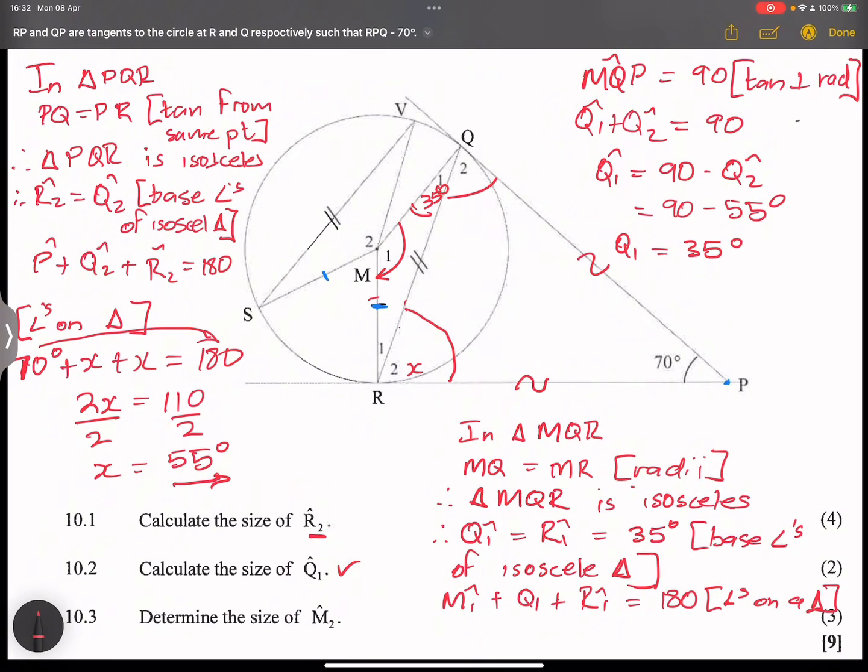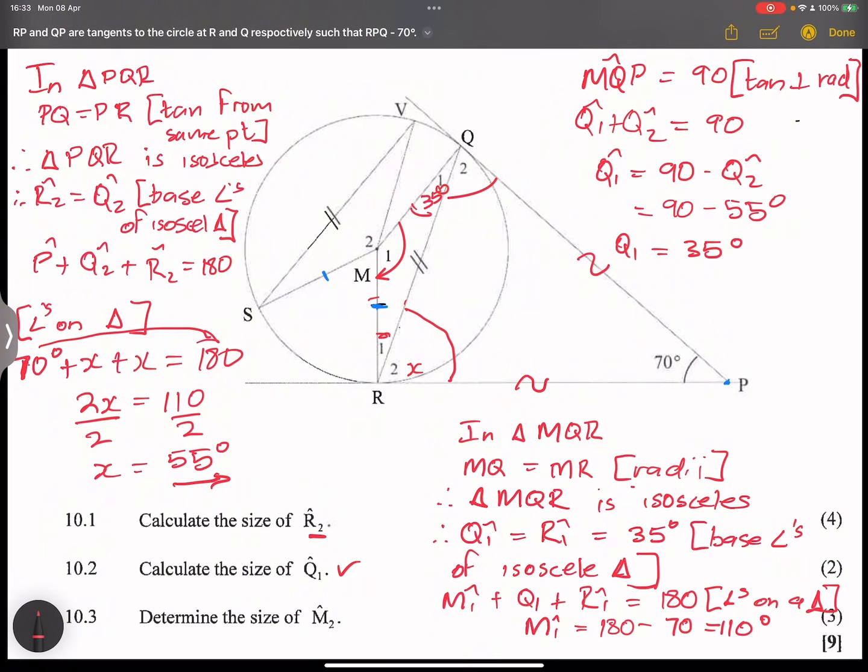So for M1, you are just going to use your algebra there. M1 will be equal to 180 minus 35 times 2, it's R1 and Q1. So this is going to be 35 times 2, which is 70 degrees. So that means that M1 is 110 degrees.